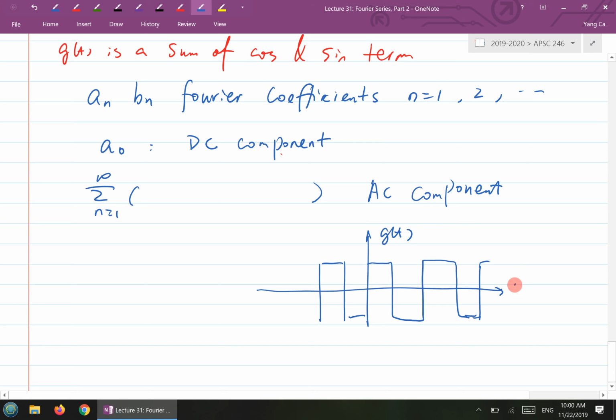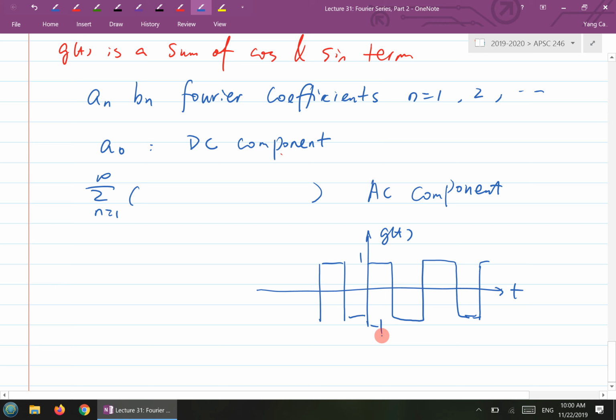This is a periodic function, a square wave. When you have this square wave, a lot of oscilloscopes can give you the DC component.